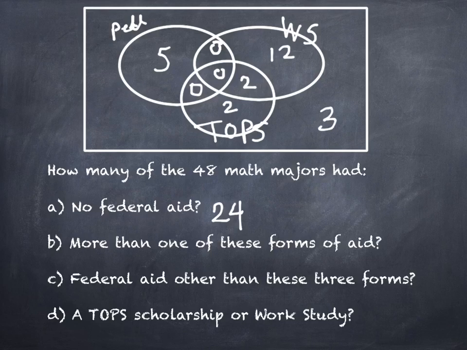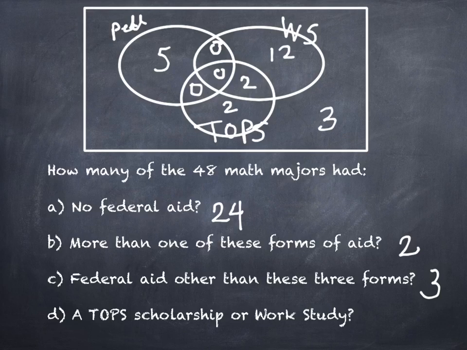Are you guys clear on that? Because there's lots of other kinds of financial aid, just not federal aid in this particular problem. How many had more than one form of aid? Just 2 did, right? The 2 that's in the overlap right here. How many had federal aid other than the 3 forms listed? That's the 3 that's on the outside.